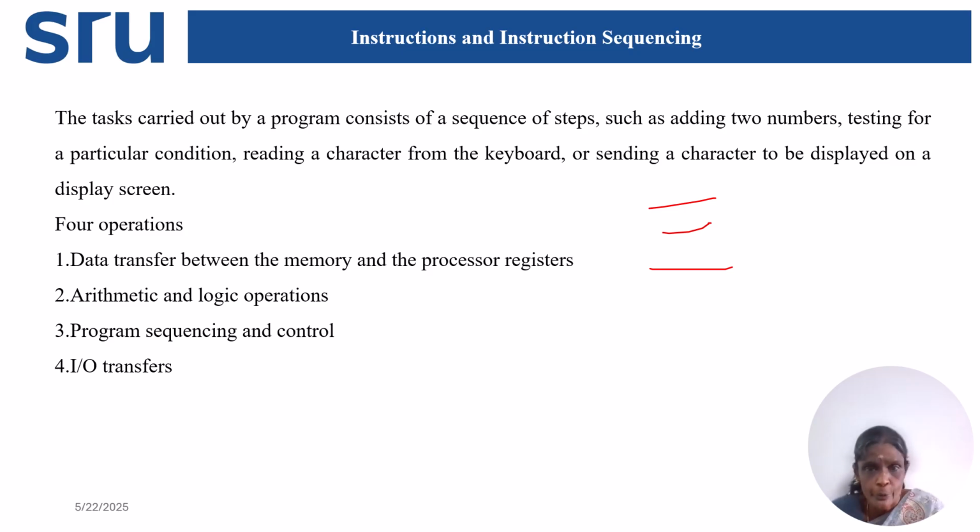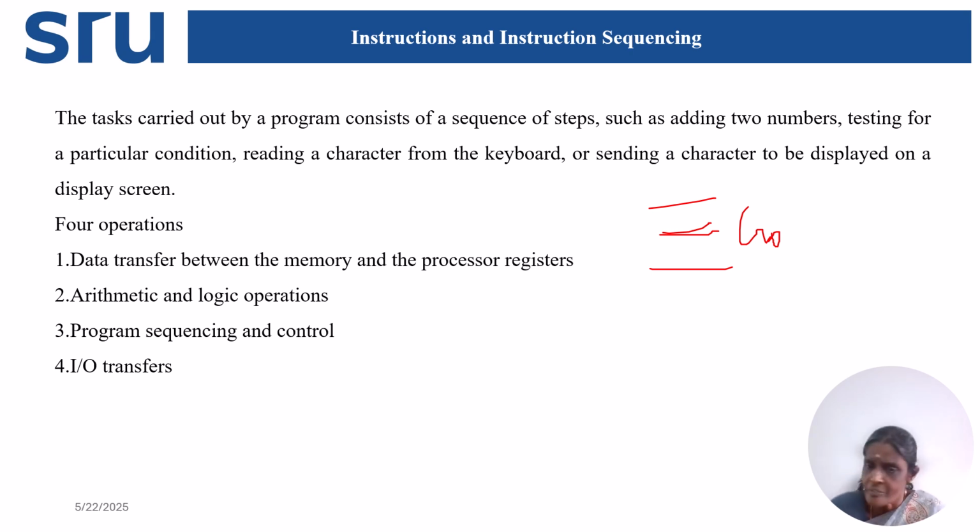But in some programs, if or else conditions will be given. Suppose in the second step, if the answer is 0, then continue to the next step. If the answer is not 0, go to some other memory location. At that time, the sequence of the program will be disturbed. That is why the sequence in which the program is executed is important.